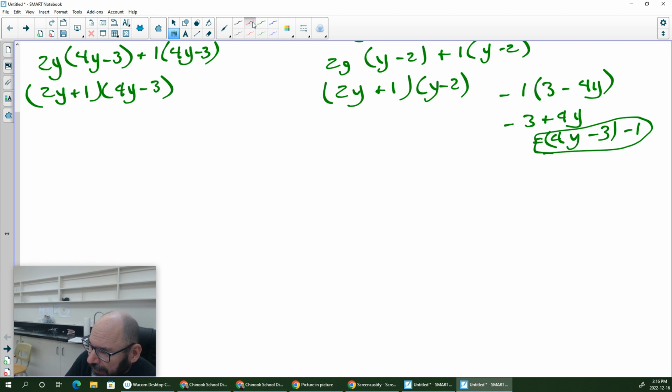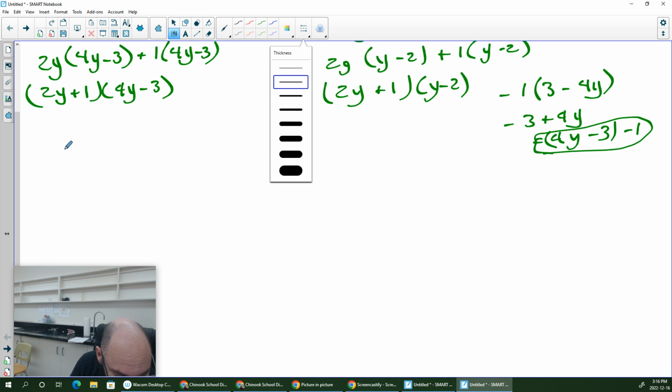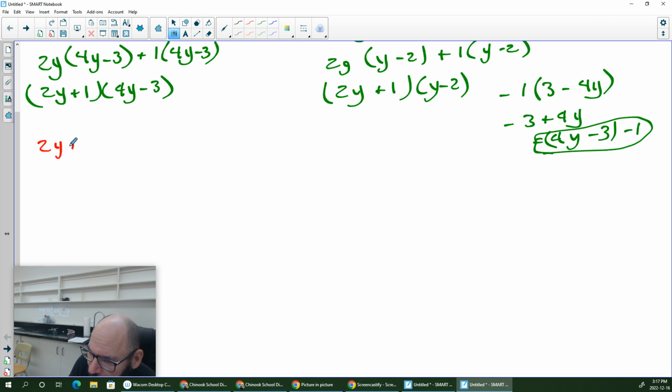Okay, let's change to red. All right, so the first one is that big one I just did. So it's 2y plus 1 times 4y minus 3. And then on the bottom I've got y squared minus 1. So y squared minus 1 is y plus 1 times y minus 1.